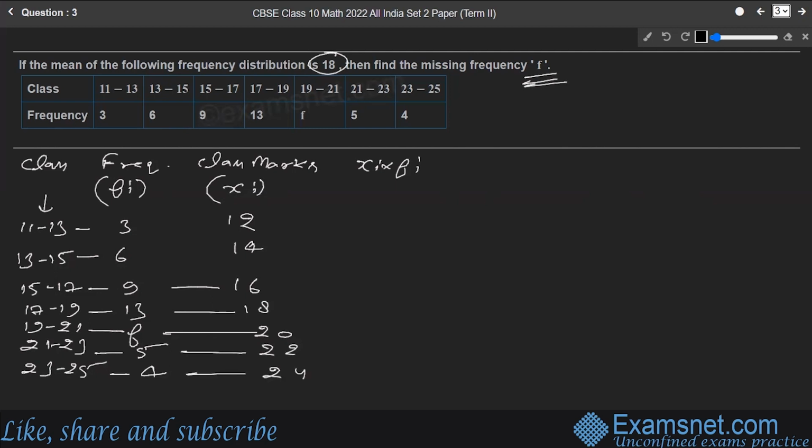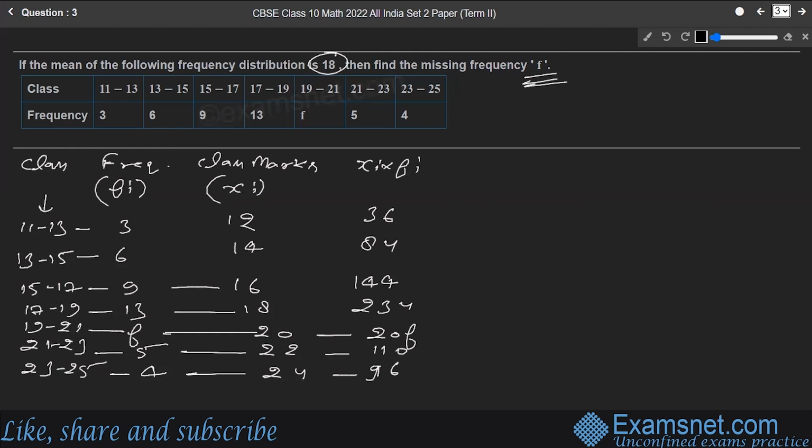Now we are supposed to find the product Xi into Fi. So Xi into Fi is going to be 36, 84, then 144 (16 times 9 is 144), 18 into 13 will give us 234, then 20 into F will give us 20F, 22 into 5 will give us 110, and 24 into 4 will give us 96.